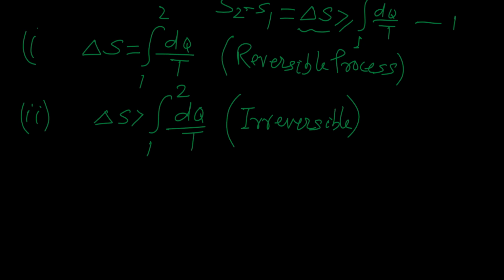But see one thing very remarkable. In case of a reversible process, a process in which our system passes from one equilibrium state to another equilibrium state, both the first state and the second state are equilibrium states, or you may say virtual equilibrium states.